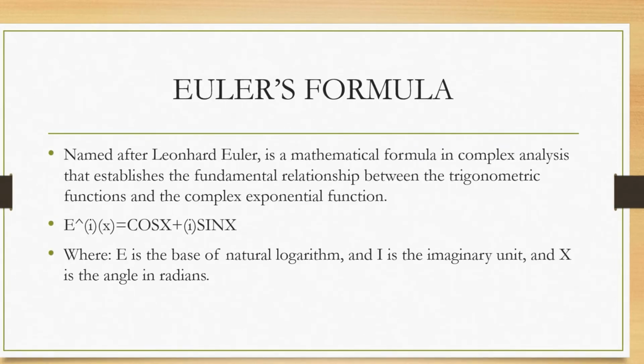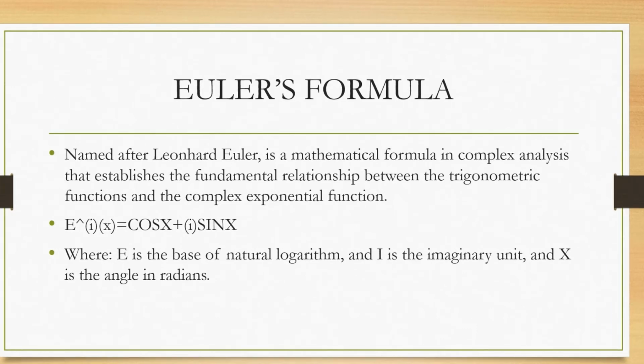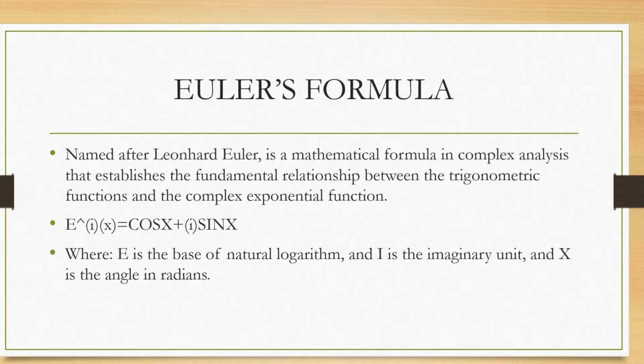Euler's formula, named after Leonhard Euler, is a mathematical formula in complex analysis that establishes the fundamental relationship between the trigonometric functions and the complex exponential function, where the formula is e raised to ix equals cos x plus i sin x, where e is the base of the natural logarithm, i is the imaginary unit, and x is the angle in radians.